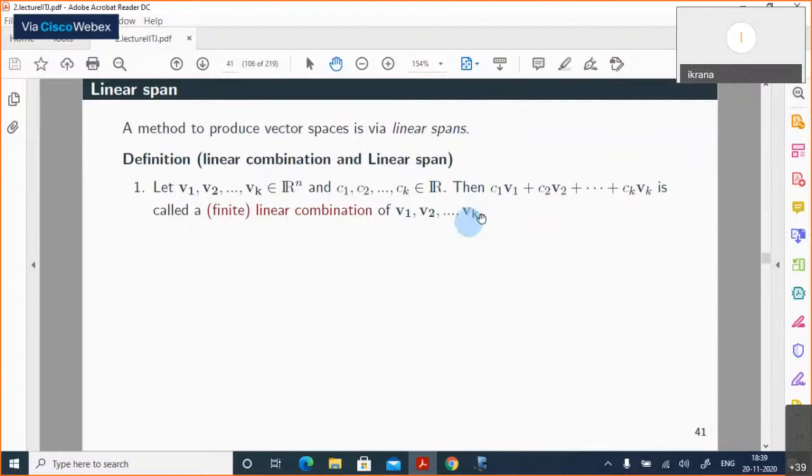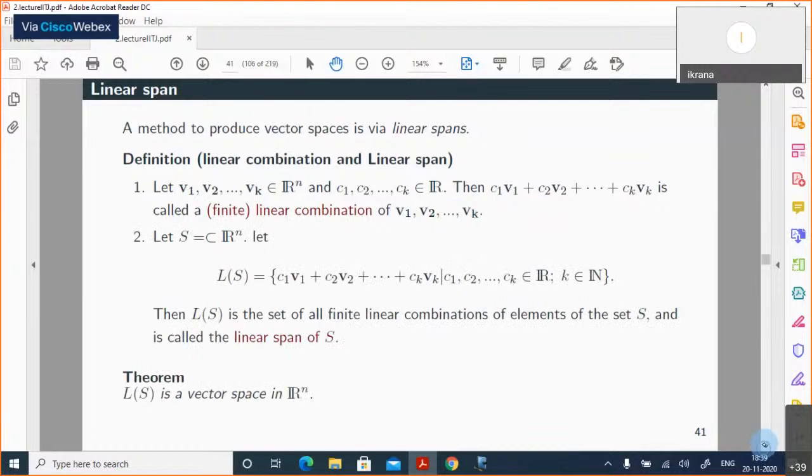All such linear combinations put together give you a set called the linear span of the set S, where S is a set in Rn.